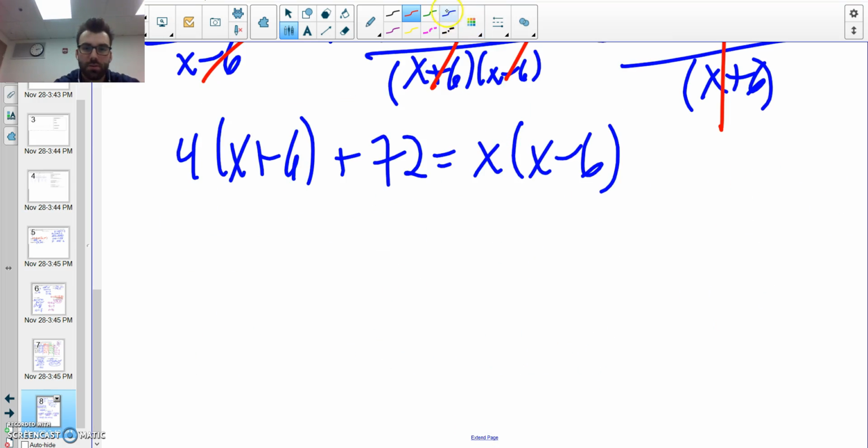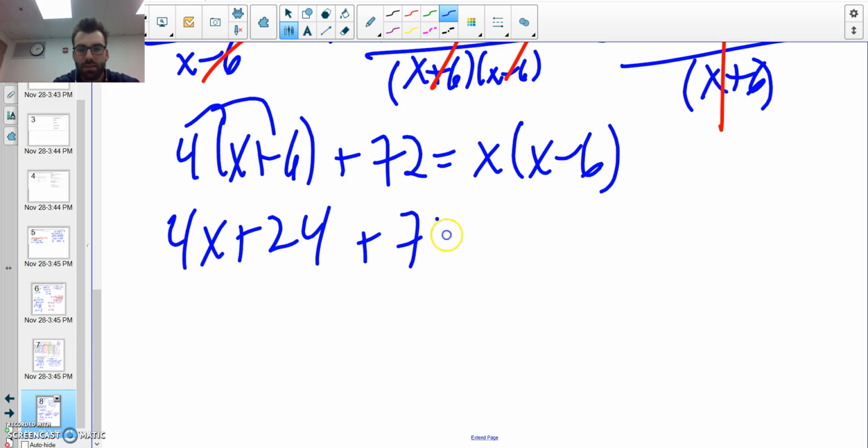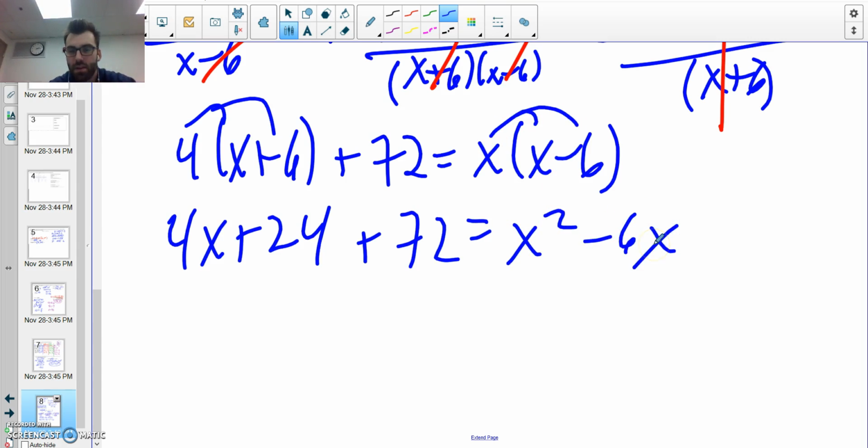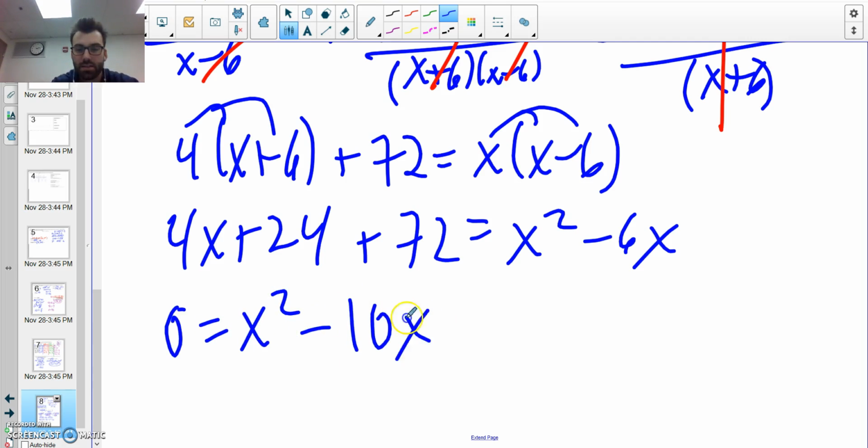Now remember to distribute here. So it's 4x plus 24 plus 72 equals, distribute, x squared minus 6x. I'm going to have to factor, so I want to move everything to this side. Alright, so I get 0 equals x squared minus 10x.